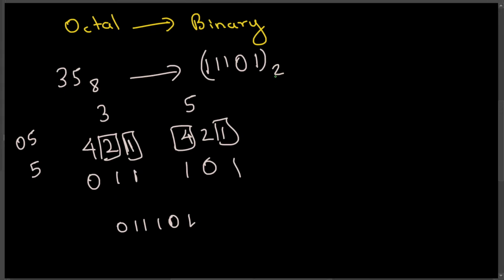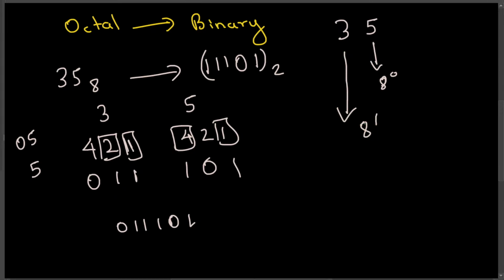So the answer for this one is 1, 1, 1, 0, 1 base 2. Okay, now we can also verify whether we did it right by converting into decimal and finding if we are getting the same value. Now to convert this one into a decimal number, we look at the weight for each number. The first number carries the weight of 8 power 0, and the second number carries the weight of 8 power 1.